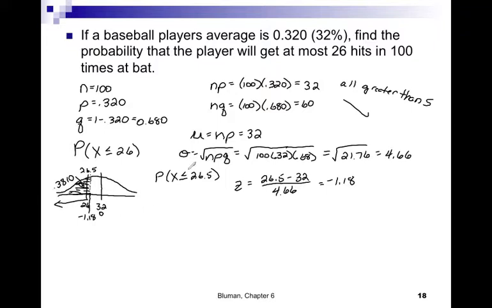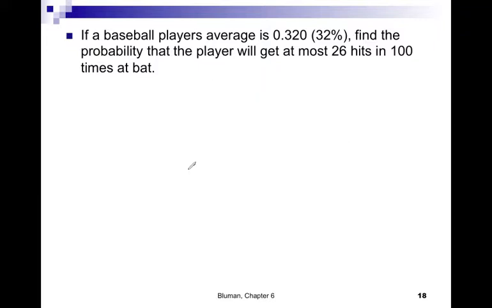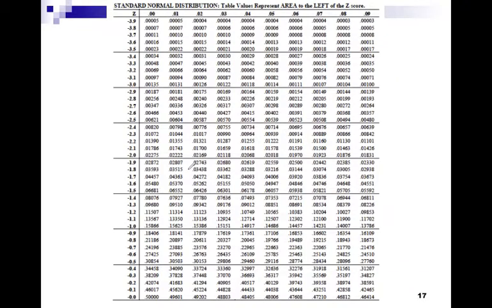Well, I think my chart's wrong. I'm going to go back just to double check. It was negative 1.18. I'm using an old chart, so I'm going to go back. Okay, here we are, negative 1.18. Yeah, that's wrong. It's 0.1190. The chart I was using only did halves. It didn't do the whole thing.